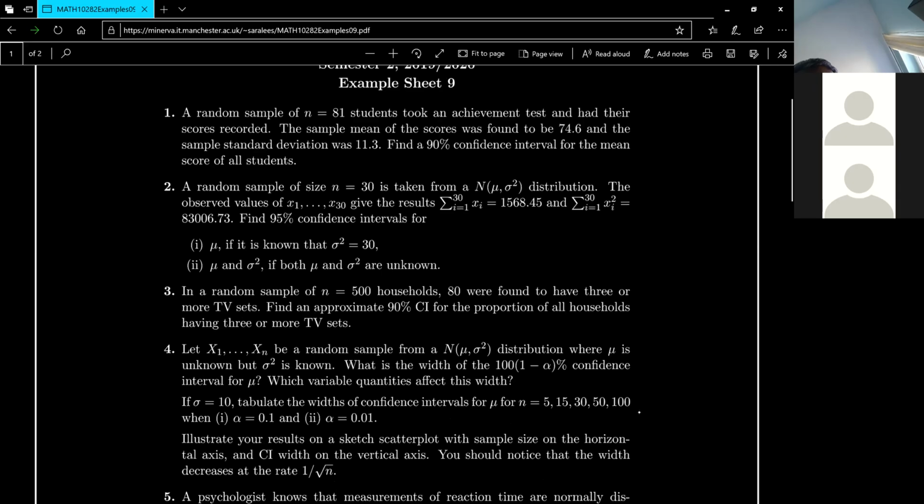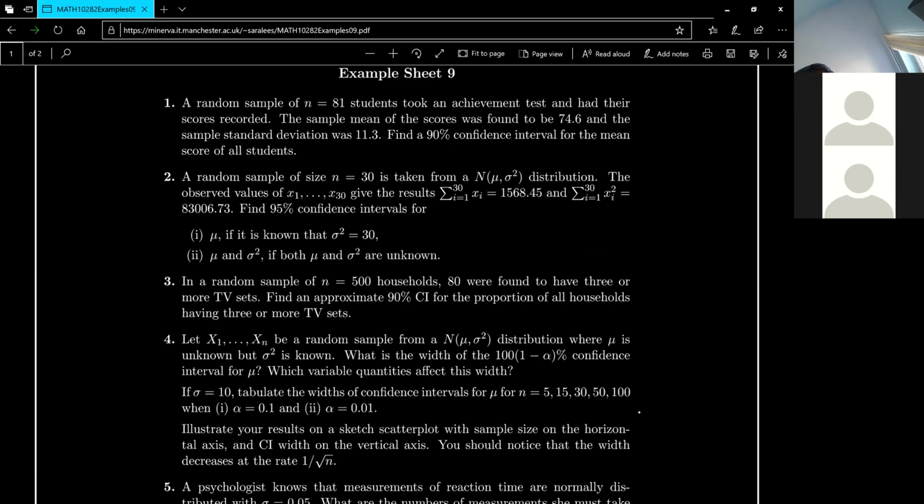All right, so this is question number 3. It says you have 500 households, 80 of them have 3 or more TV sets. Find an approximate 90% confidence interval for the proportion of households having 3 or more TV sets.